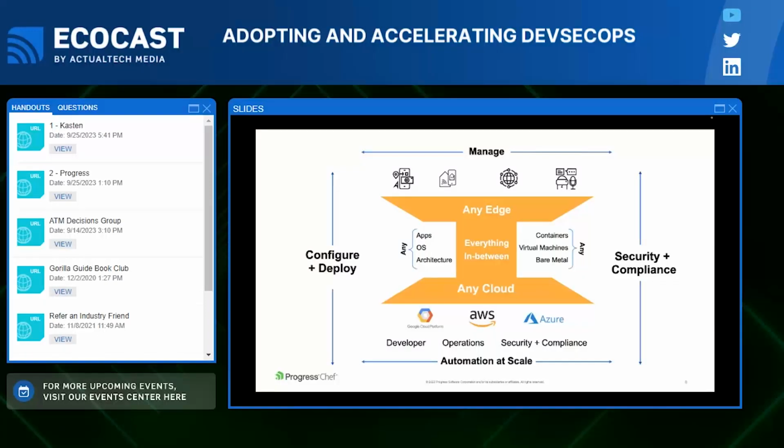And so that's what you can see here: not only do you need to scale, but whatever systems you use to configure and deploy systems, and whatever system you use to secure them, have to be unified across all those. That's the goal of Chef as a whole, to make it so that the same process and the same policies, the policies as code, can run across all these environments really quickly and easily.